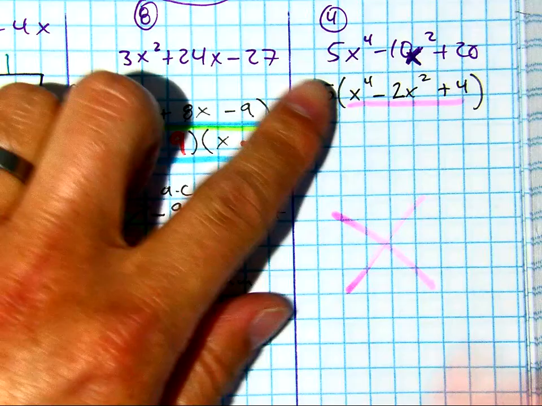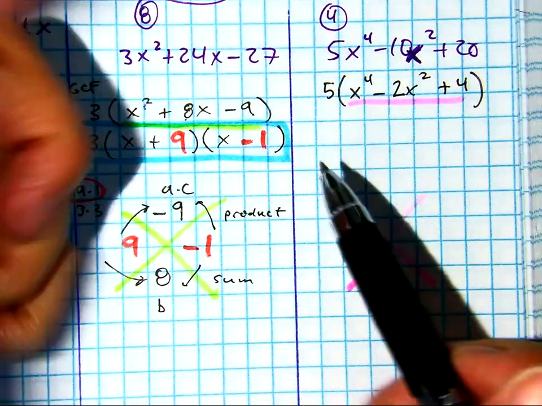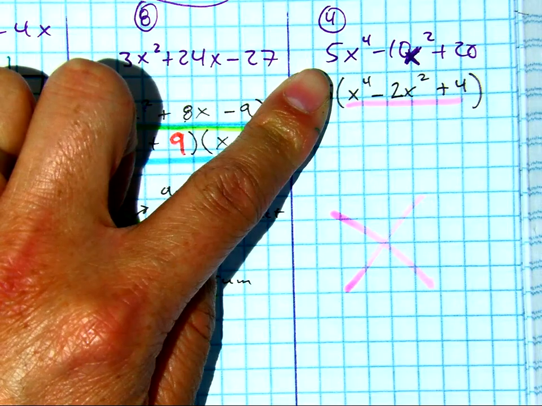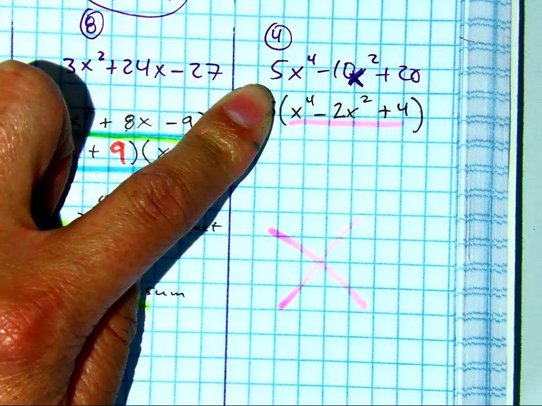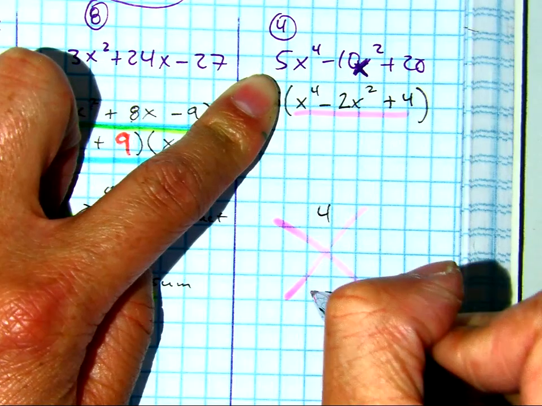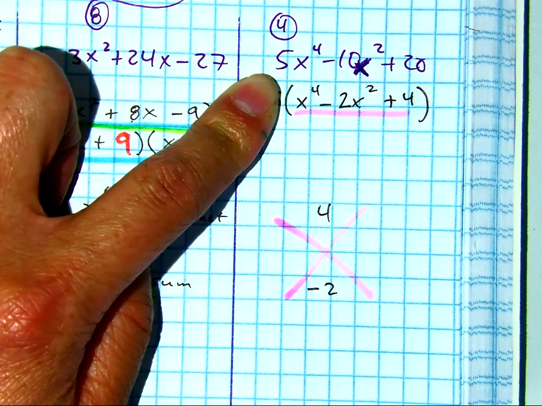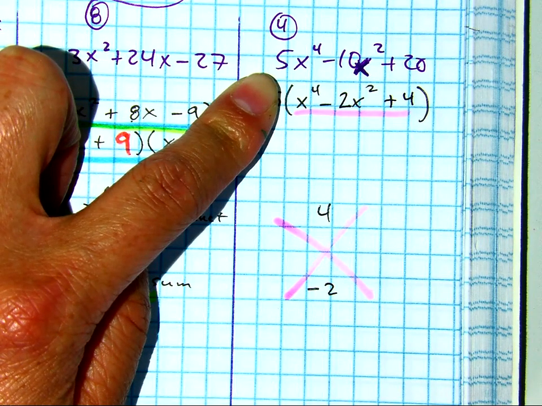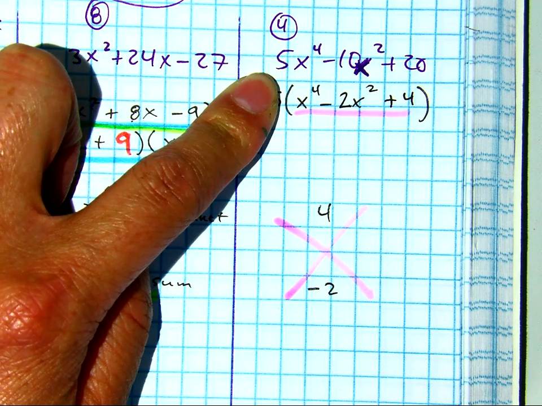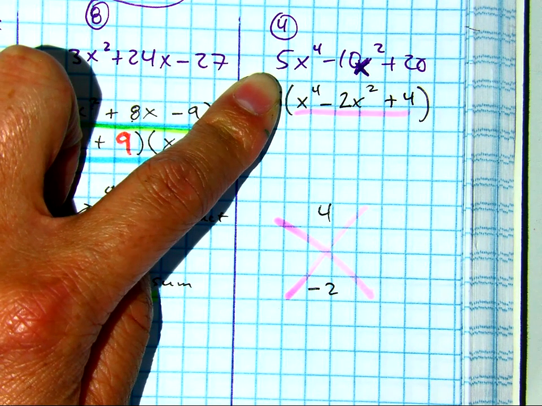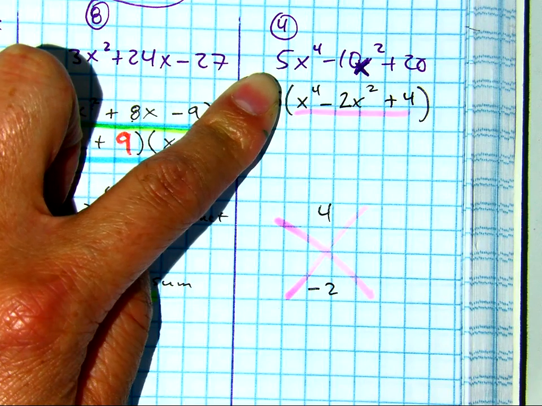Inside the parentheses, you can use your finger. It's a great tool. You can cover up the GCF. Class, what's A times C? And your B value. Two numbers that multiply to be 4 but add to be negative 2. Is there any numbers? There are no numbers.